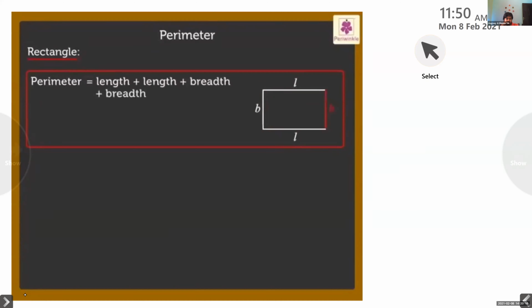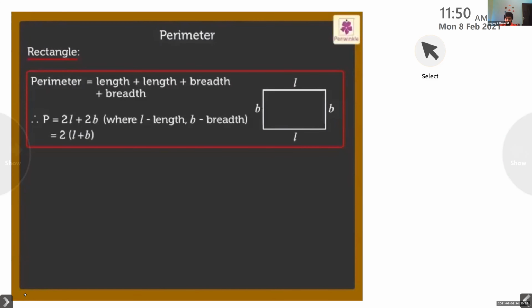Therefore, perimeter is equal to 2 into L plus 2 into B, where L is the length and B is the breadth, which is equal to twice of length plus breadth.